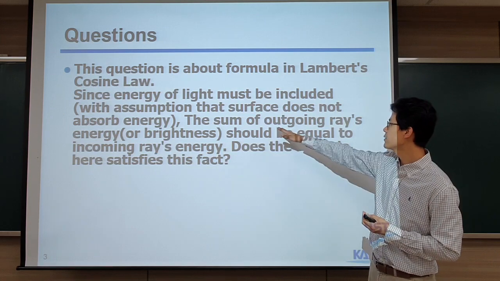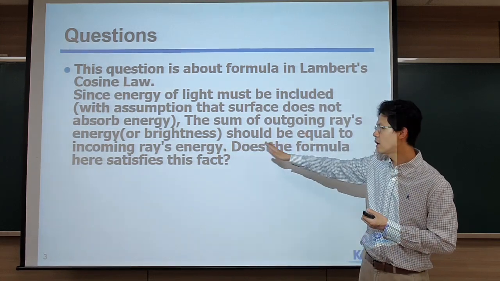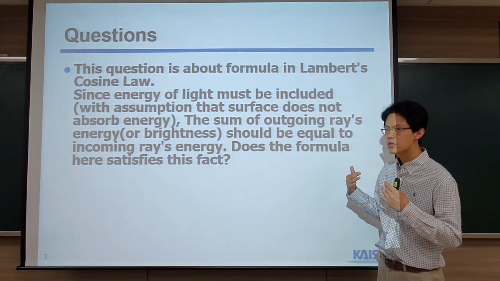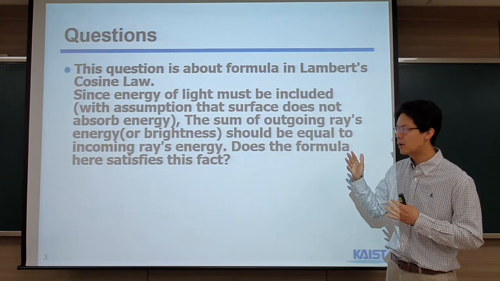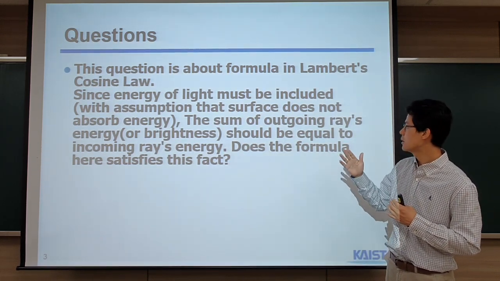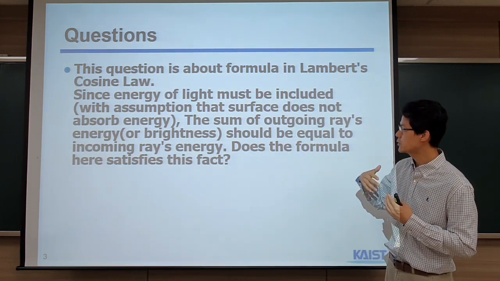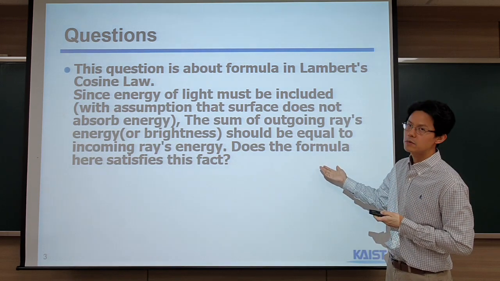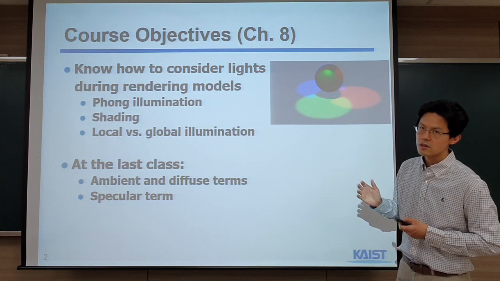And the sum of the outgoing ray energy should be equal to the incoming ray energy. Basically physics tells us that the energy should be conserved. I mean the energy should be maintained before we get the energy and after we distribute the energy, right?